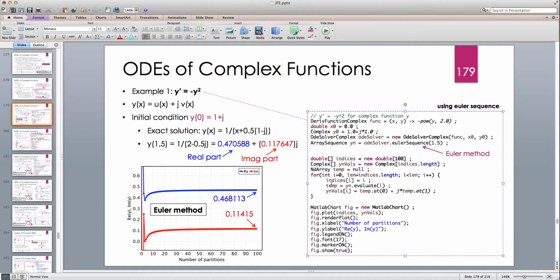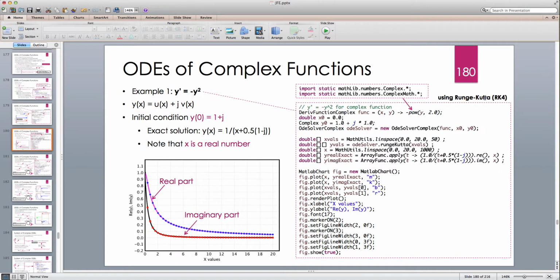It returns an ND array with two components, and the yn vals, the complex value, is the 0th component plus j times the 1 component. All right, and then we create the figure, passing the indices and the complex array. When we do this, it already plots the real part and the imaginary part separately. All right, and so we see that definitely there is a convergence, and it's converging to the right values, but it's very slow.